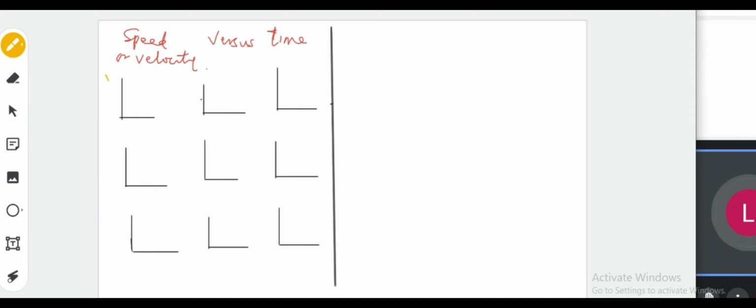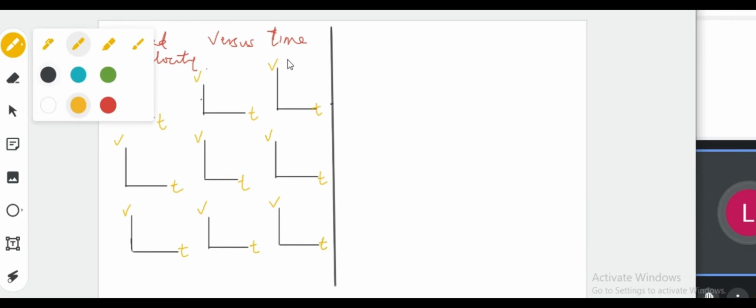This one is now V against T, V against T. All of them are V against T. Are you listening? Yes, sir. Okay, let me draw the graphs.